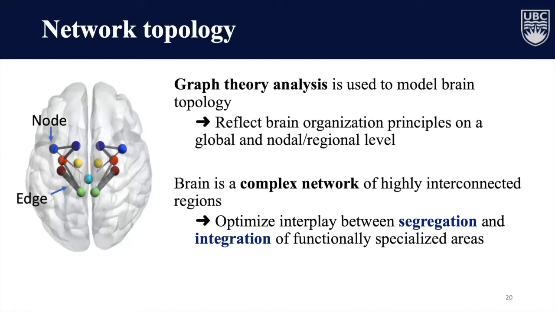And these nodes are connected by edges. And these edges represent the functional linkage between the brain regions. And the graph is often structured in a way that optimizes the interplay between the segregation and integration of functionally specialized areas, regardless of their physical location.